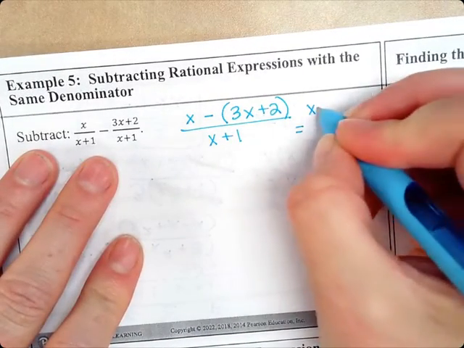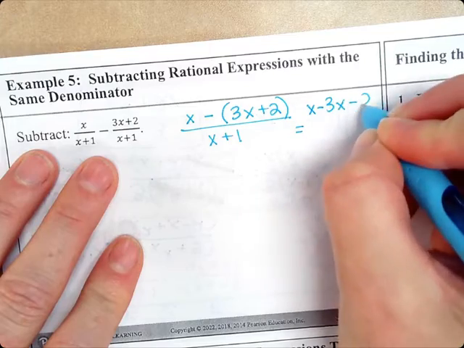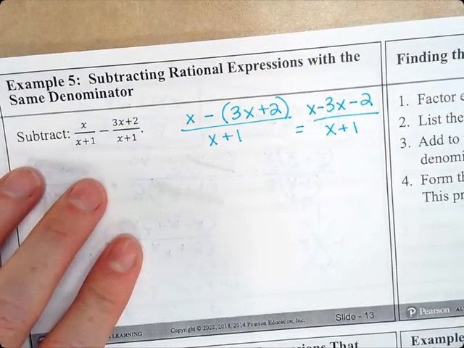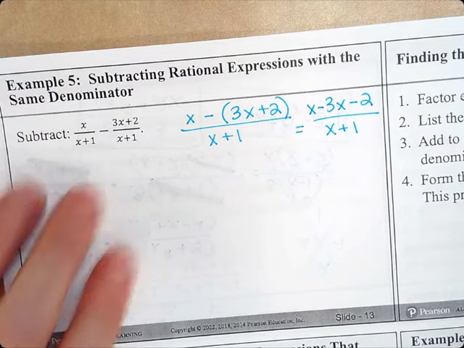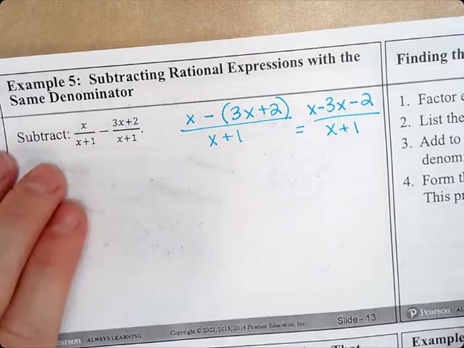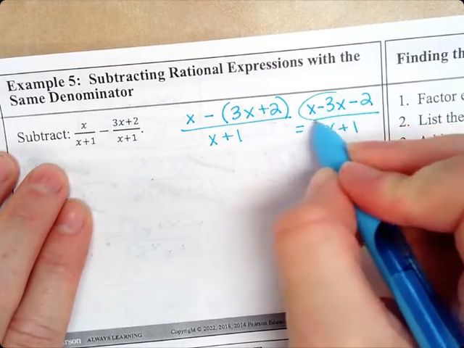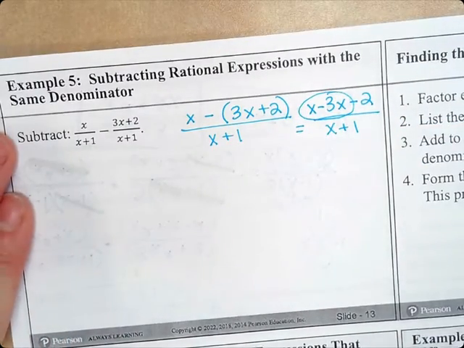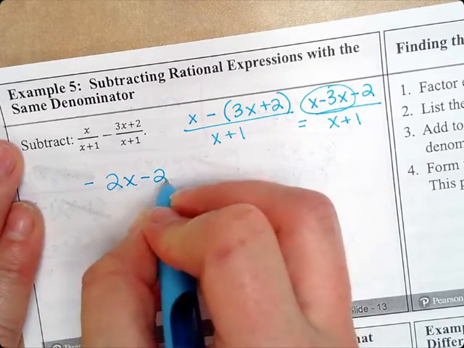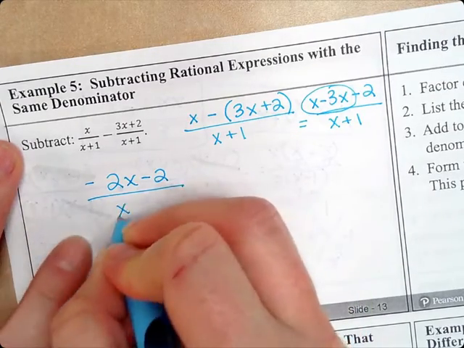So this is x minus 3x minus 2 over x plus 1. So I would find my like terms. So it'd give me a negative 2x minus 2 over x plus 1.